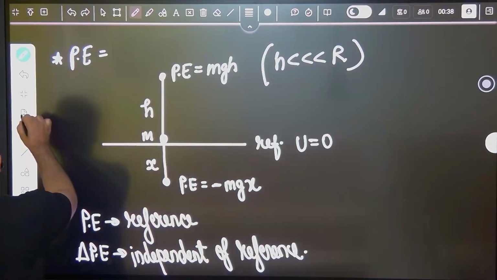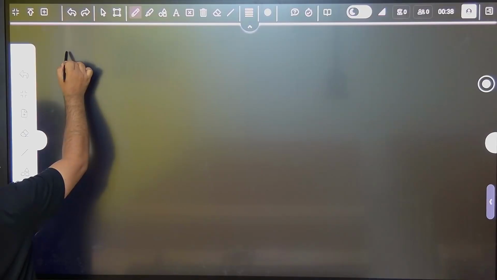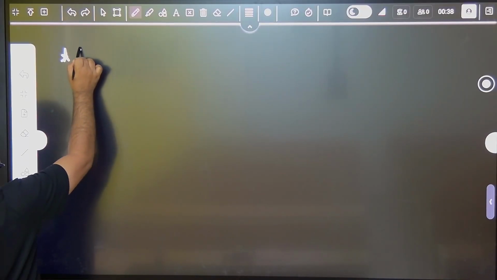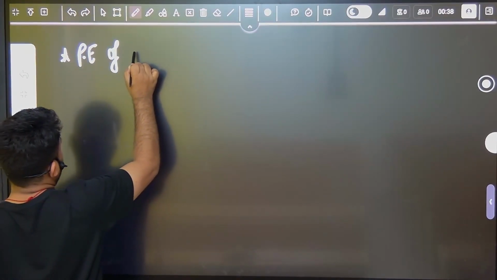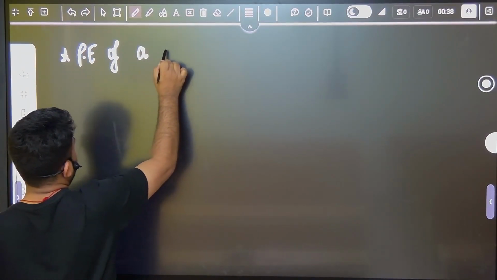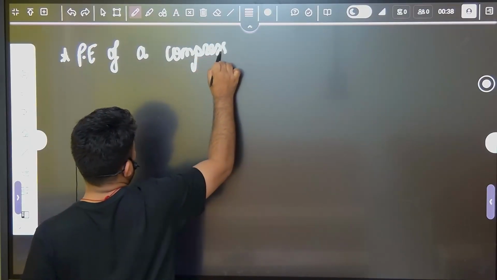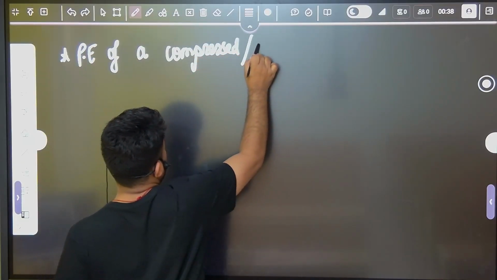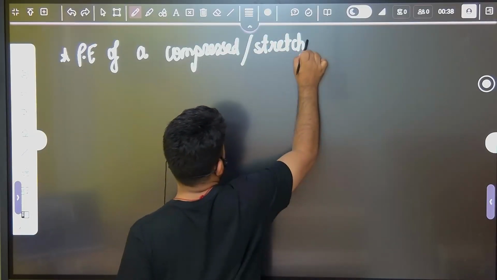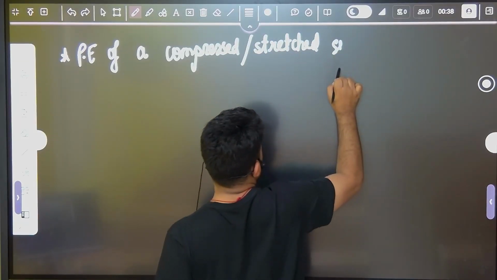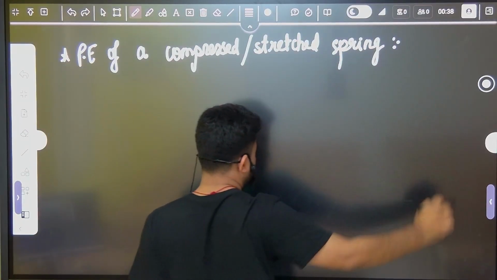Now see, when we are discussing potential energy, we should also learn what is the potential energy of a compressed or stretched spring. So again, I am not going for the derivation.